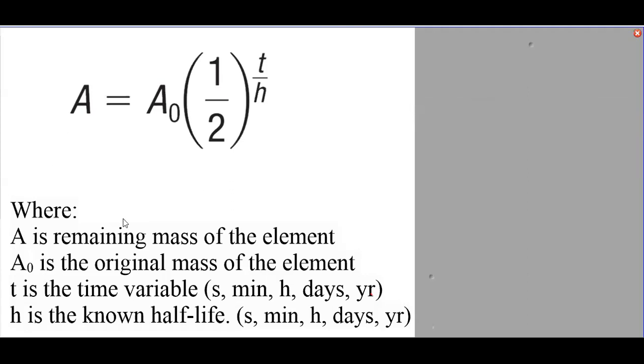So A is the remaining mass of the element, A naught is the original mass of the element, T is basically the measured time. So suppose it's 3 years later, how much uranium do you have after 3 years? And H is the known half-life. So very often in a lot of physics, you're told to convert all your time into seconds. Typically, if you're given a half-life of, say, 30 years and you're just given some random time, just make the 2 time units the same.